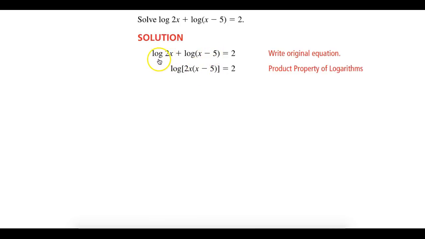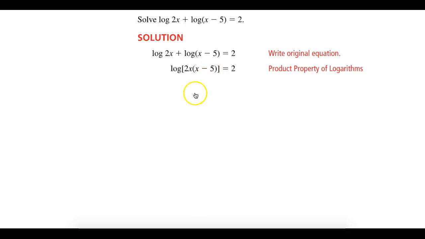So what we've done is we've just taken both of our terms and combined them into one using the product property. Now, just like we did in the previous example, we have our variable inside of a log right now, and we need to get that out. We're not taking a log of both sides, so we can't set this equal to anything.